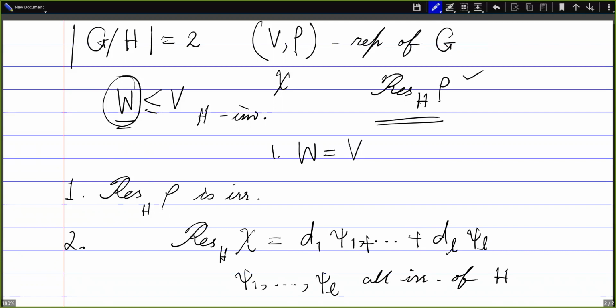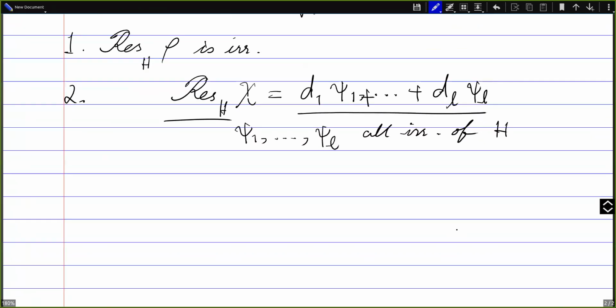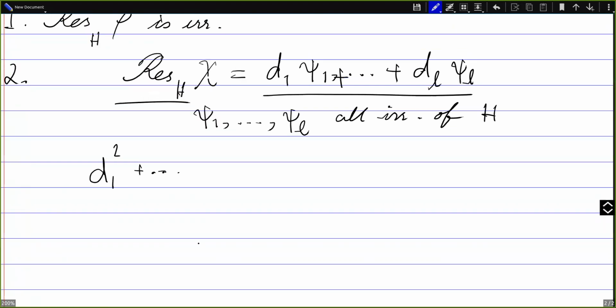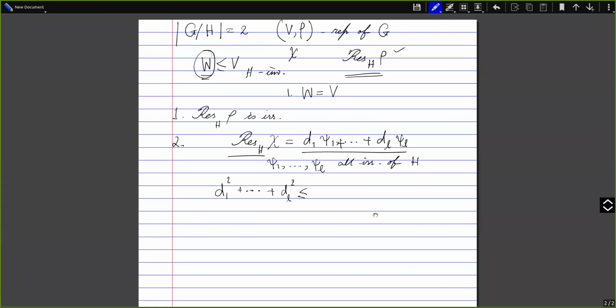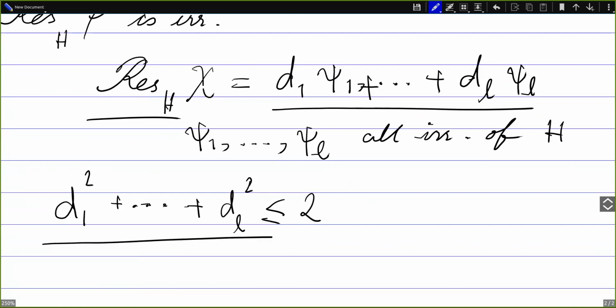If we write this like this, then what we must have is d1 square plus up to dl square is less than or equal to the index. So what does that mean? The index here is just 2. Now you see the sum of squares is less than or equal to 2. So when is that possible? That is possible only when exactly one di is 1 and the rest are 0, or there are two terms which are 1 and the rest 0.